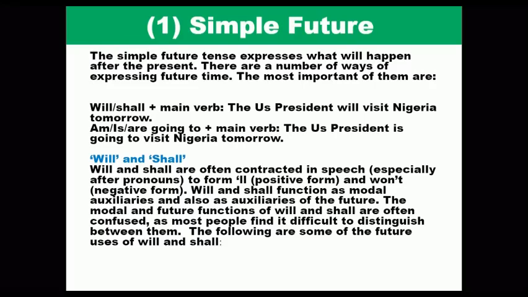Of course, the negative form of shall is shan't. Will and shall function as modal auxiliaries and also as auxiliaries of the future. The modal and future functions of will and shall are often confused as most people find it difficult to distinguish between them. The following are some of the future uses of will and shall.